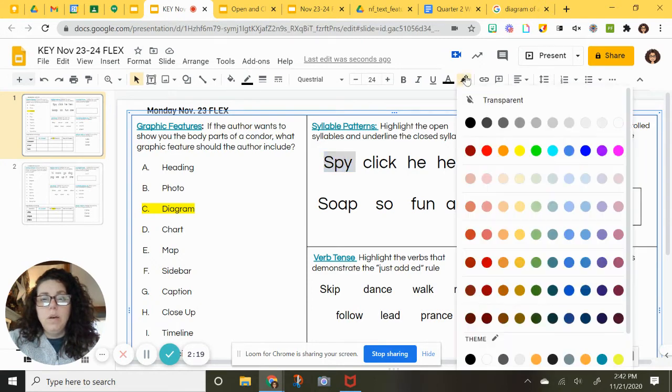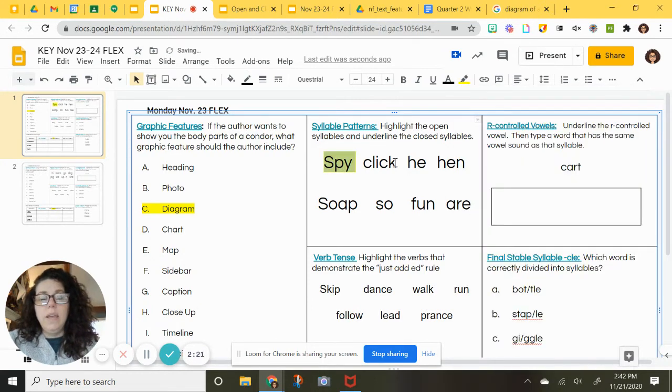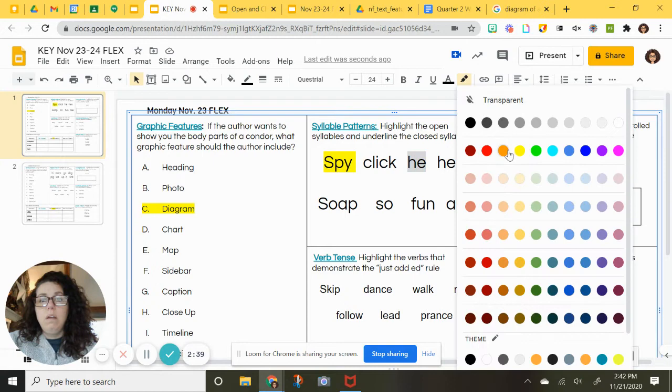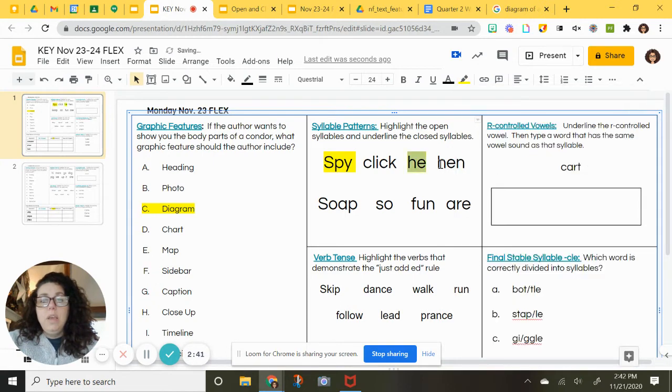Open. Okay. Click. That is not a long vowel sound here, so I'm just going to move on first. E is saying its name, and it comes at the end of the syllable, so he will be highlighted.